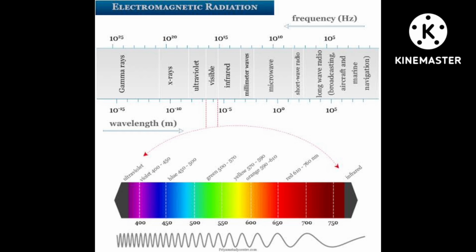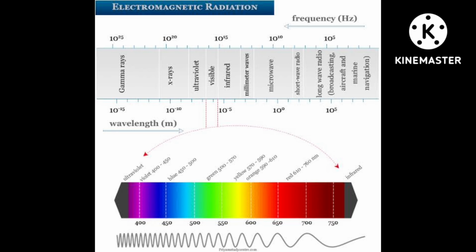Calculate the wave number, and second, calculate the frequency of yellow radiation having wavelength 5800 angstrom. The question is very simple. The wavelength is given in angstrom, 5800 angstrom. Now you have to calculate first the wave number and second the frequency.